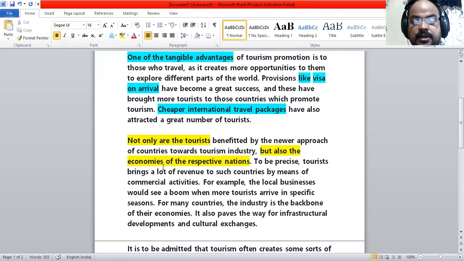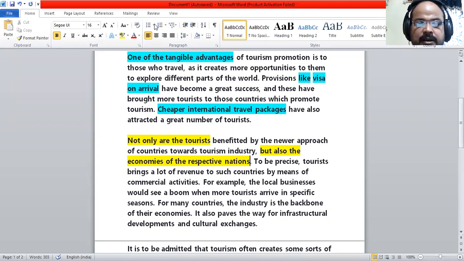To be precise, tourists bring a lot of revenue to such countries by means of commercial activities. There are a lot of trade activities between these people. Local businesses boom when specific seasons come. In many countries, you can see that tourism becomes the backbone of their economy.